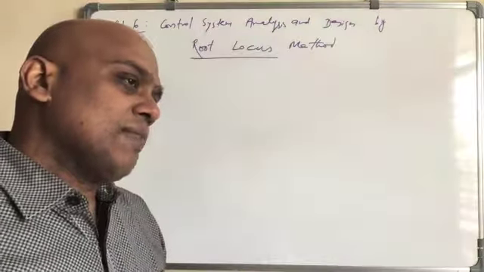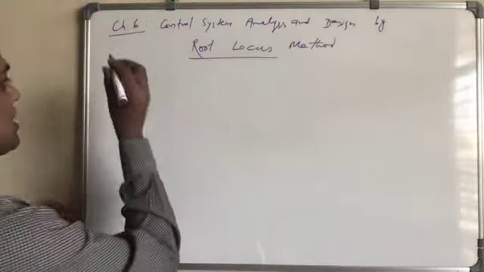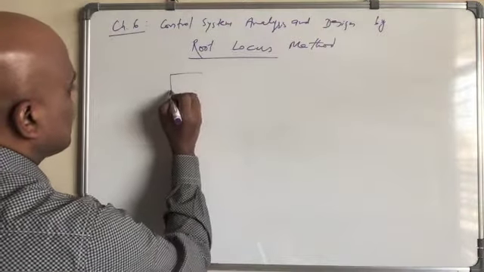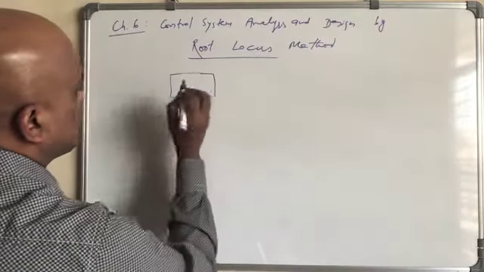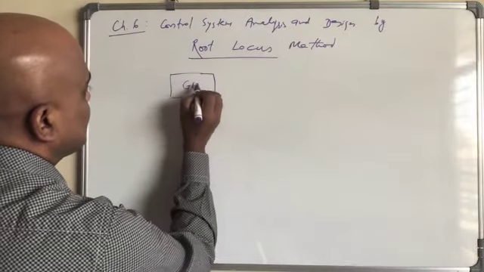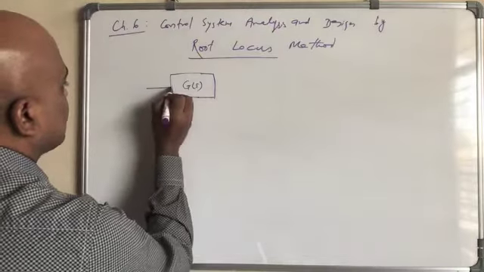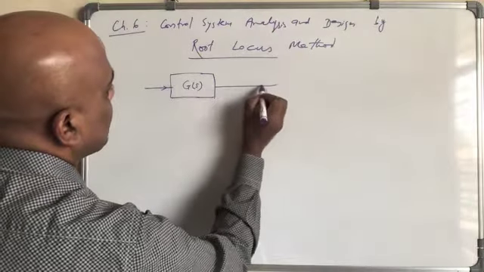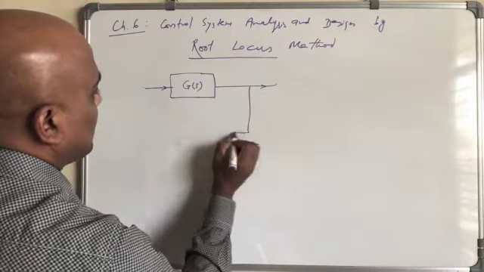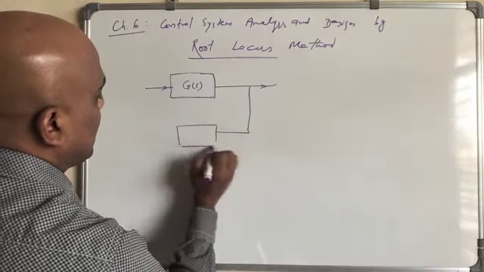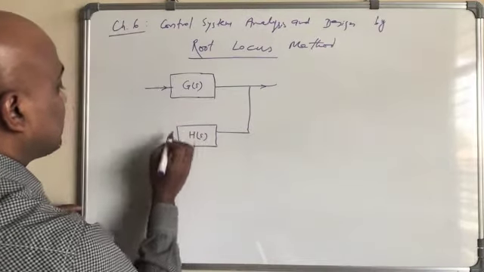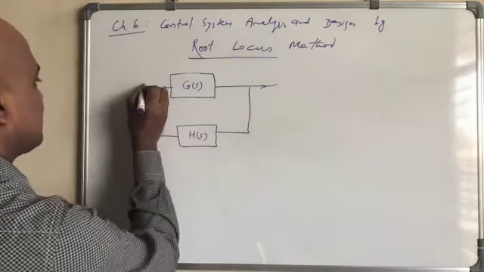Now we have been studying a few things like control system. The feedback control system, as we have seen, could be something like, say, this is G(s). This is the general block diagram, and it may have a feedback gain as well, or feedback transfer function.